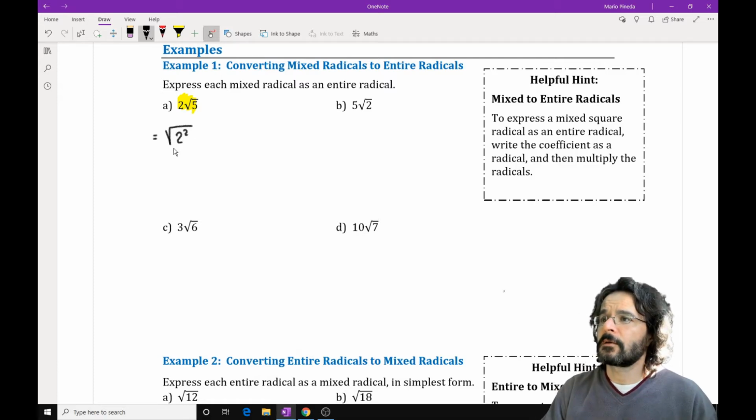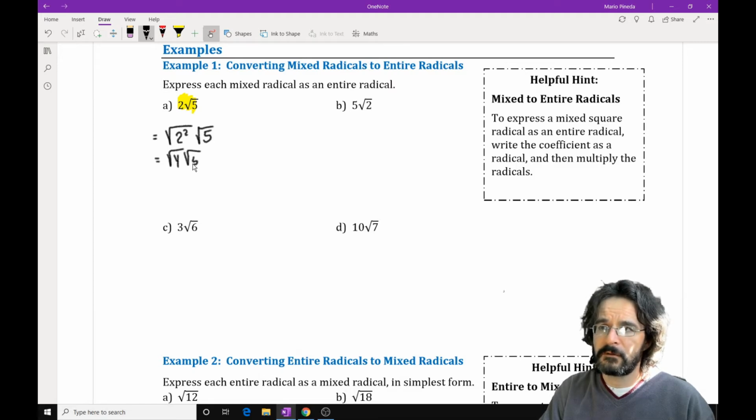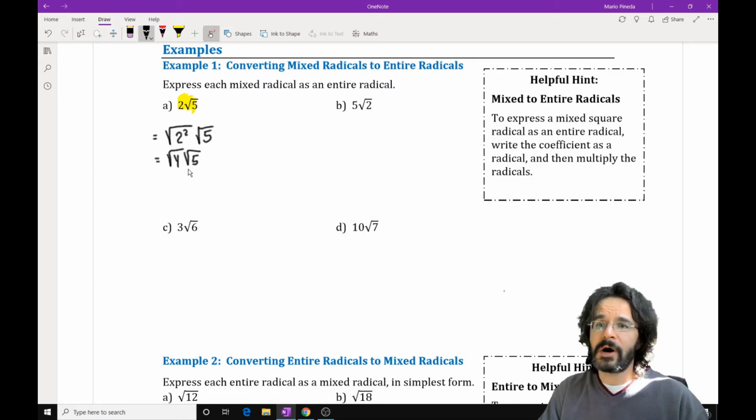And then, square root of 2 squared times square root of 5. So this square root of 2 squared is just square root of 4, times square root of 5. We can put these two radicals on the one radical symbol. Anytime you multiply two radicals, you can put the radicands, what's under the radical symbol, on the one radical symbol.